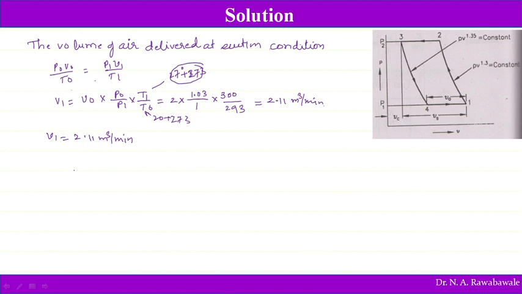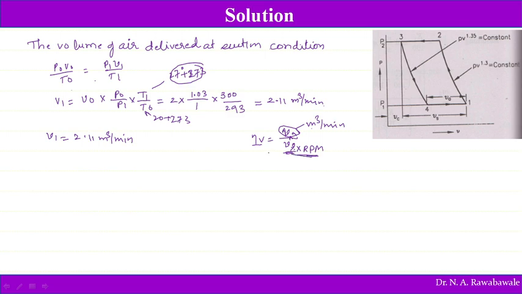Now the equation for volumetric efficiency: if it is given in meter cube per minute, it has to be divided by RPM, which converts it into per cycle. So the actual volume of air taken is given by volumetric efficiency times swept volume into RPM.